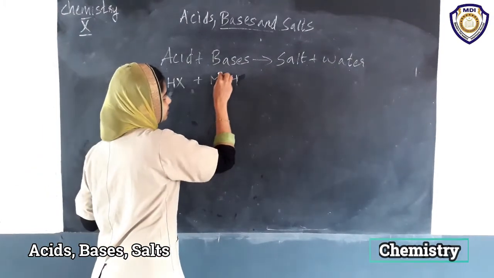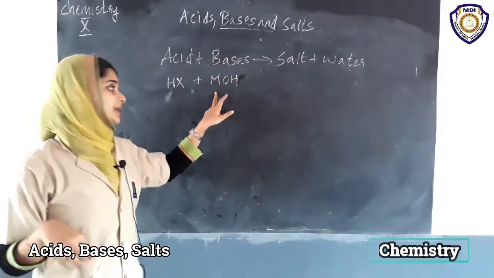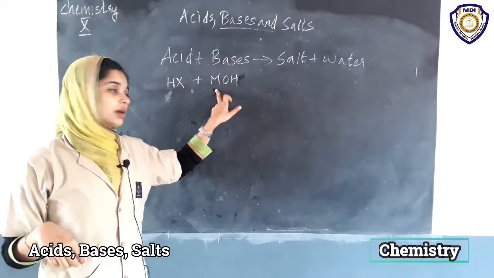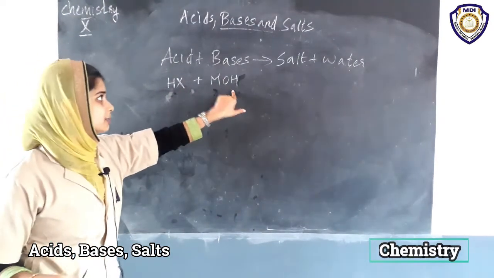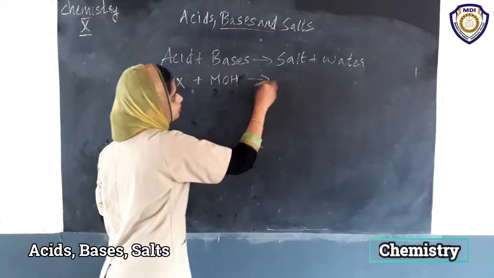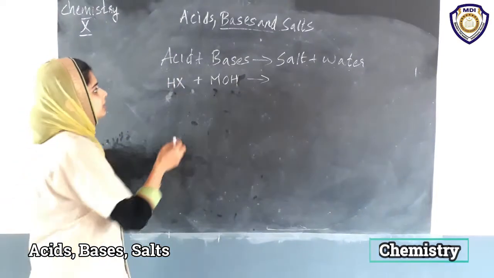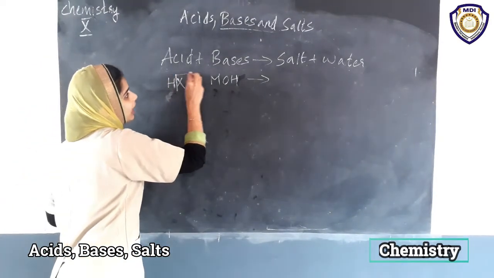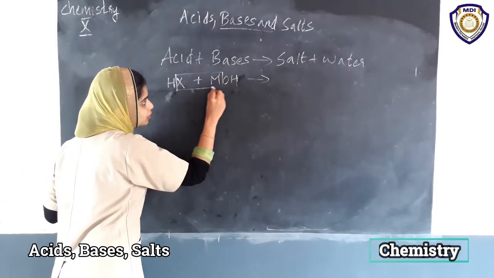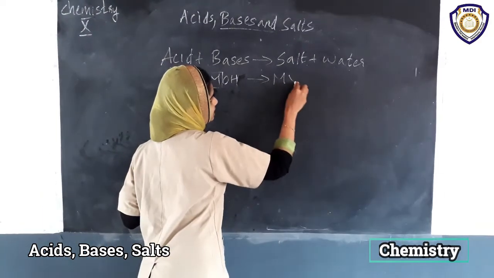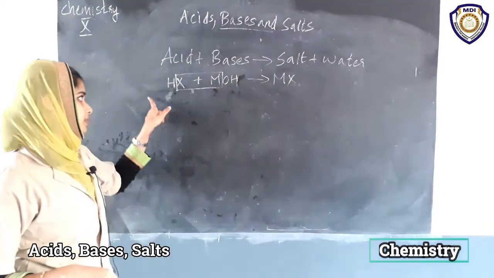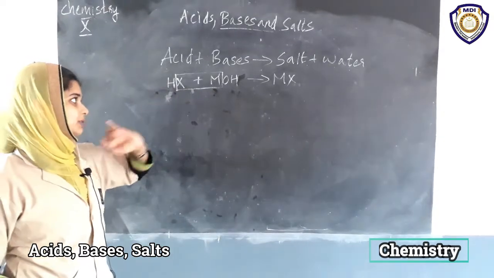Then there will be another element M with OH. So this is acid and this is base. Together what forms salt? Here the X and M join together to form the salt. What is MX? This is the salt which is formed from this acid and this base.